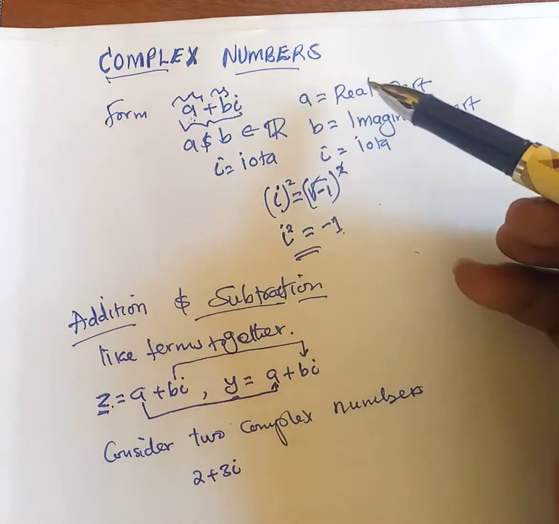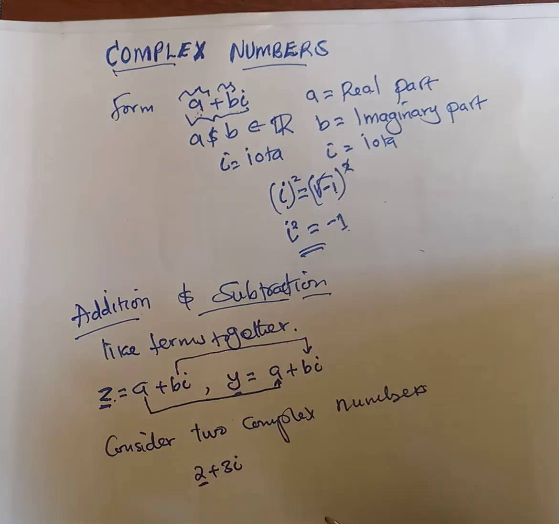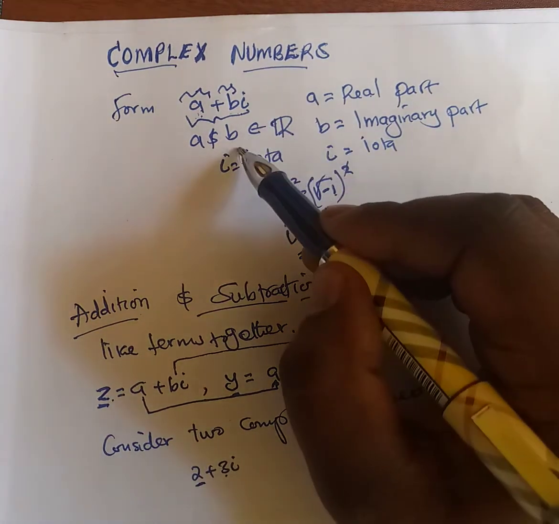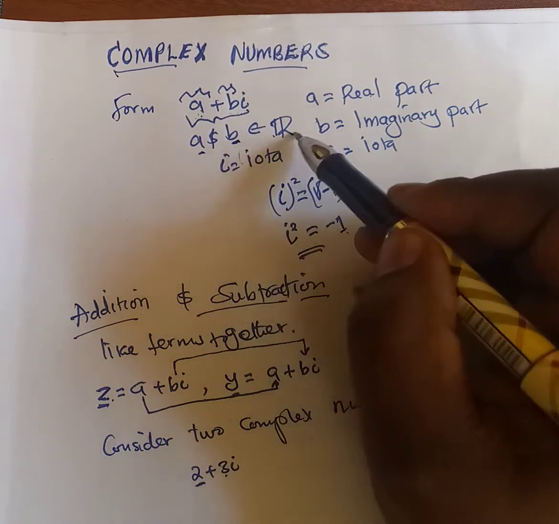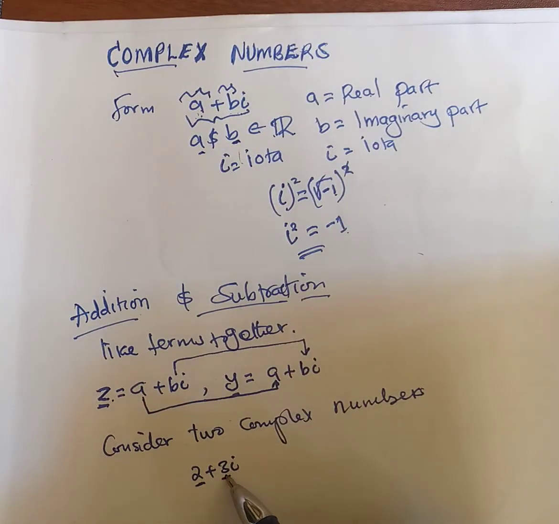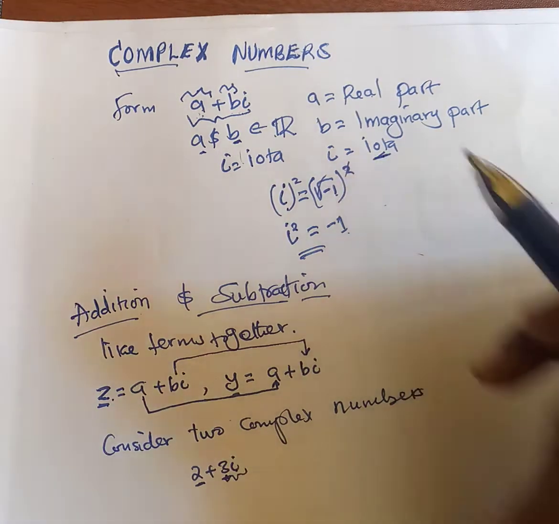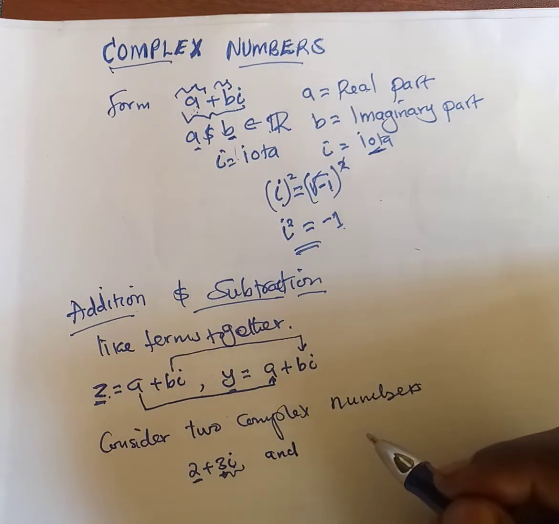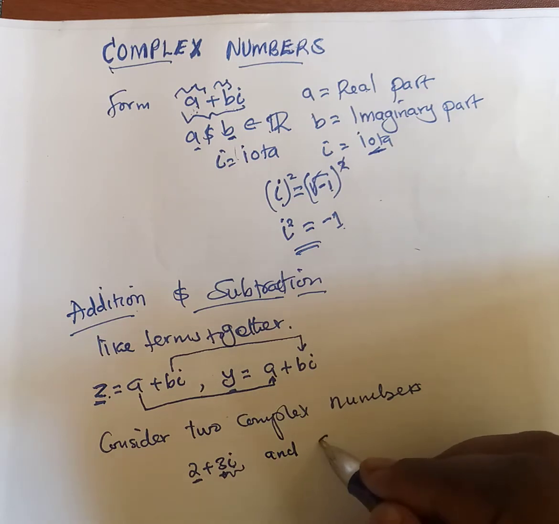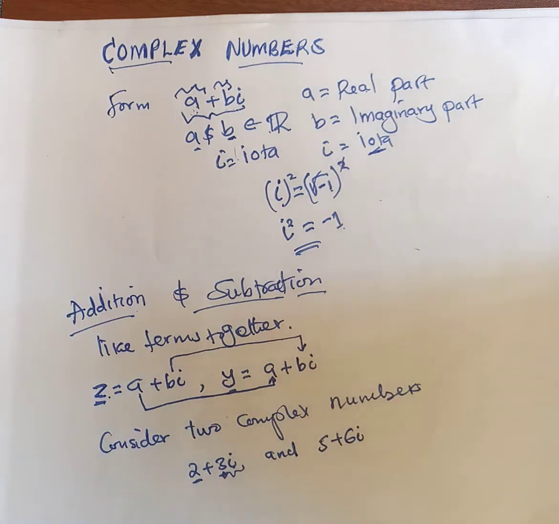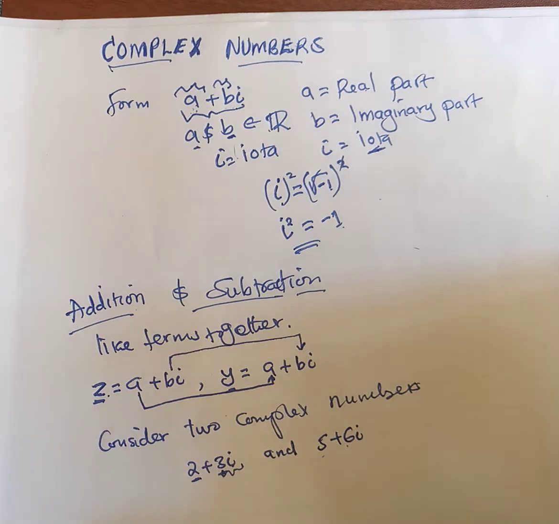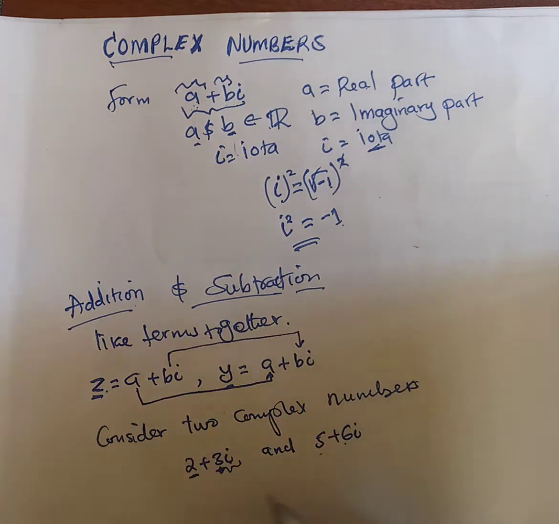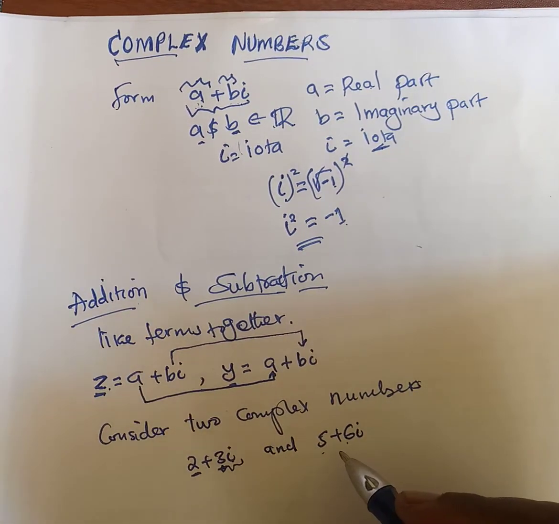Remember, a is a real number, and therefore 2 is a real number, and 3 is also a real number, but this part is imaginary because it has the iota. So consider these two numbers, 2 plus 3i and 5 plus 6i. Again, 5 and 6 are real numbers, then plus that iota. So we want to find the sum of these two complex numbers.